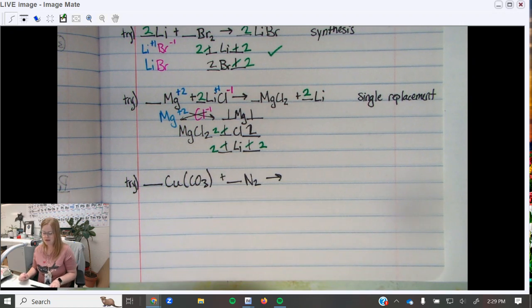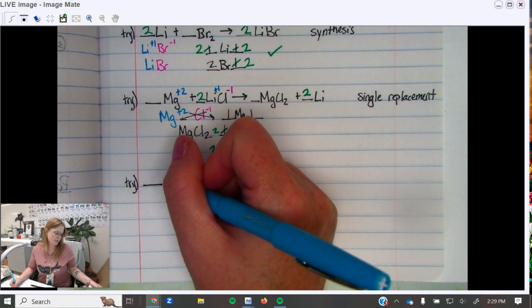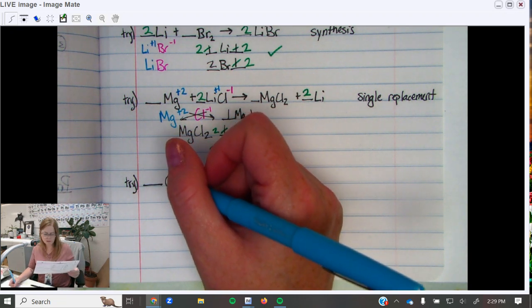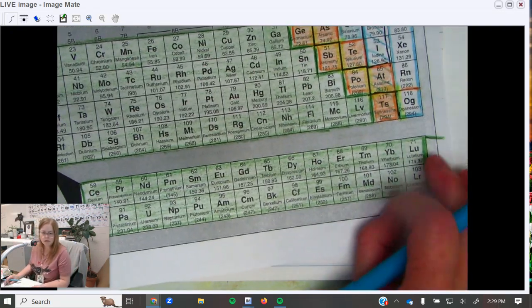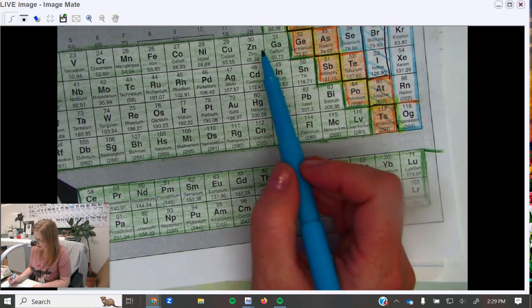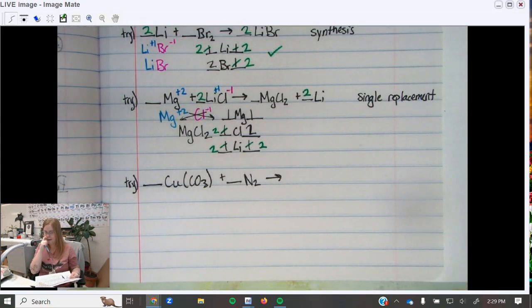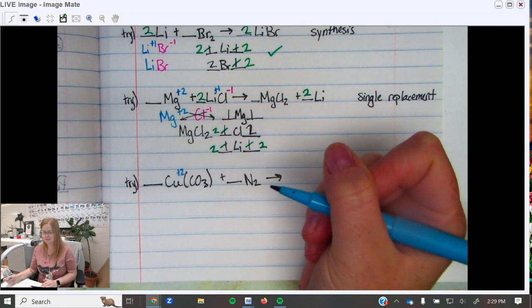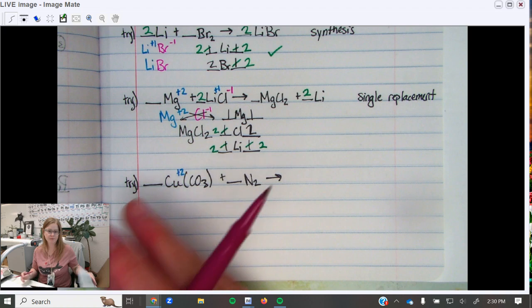That's okay. So I'm just going to write my charges up here to figure out what's going on. So copper is part of our transition metals. It's right here. I would have had to give you that charge. Copper is +2, but there is a way to figure that out when it's not given to you in the problem.